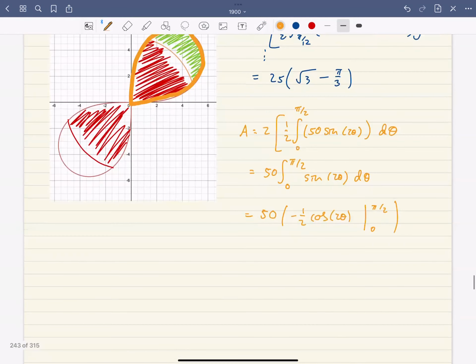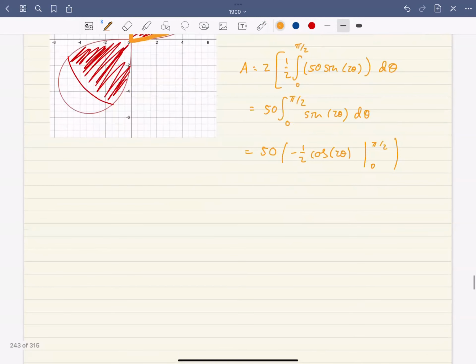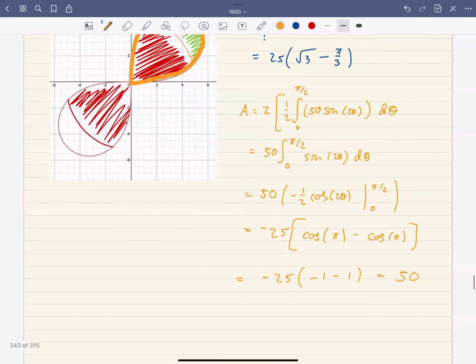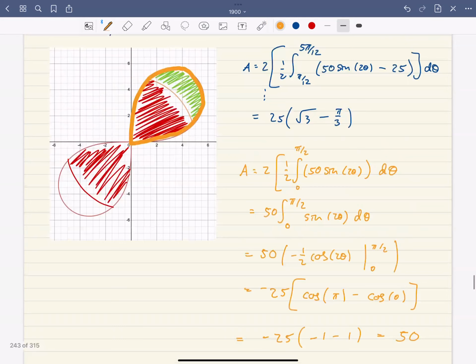And when we plug in, so that's a negative 25 we can factor out, and we're going to get cosine of 2 times pi over 2, so that's pi, minus cosine of 0. So that's negative 25 times negative 1 minus 1, or negative 2. So altogether, the area here is 50 exactly. There we go. So the area of this entire petal is 50.